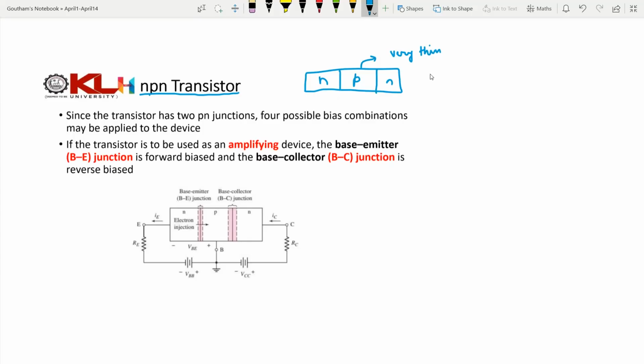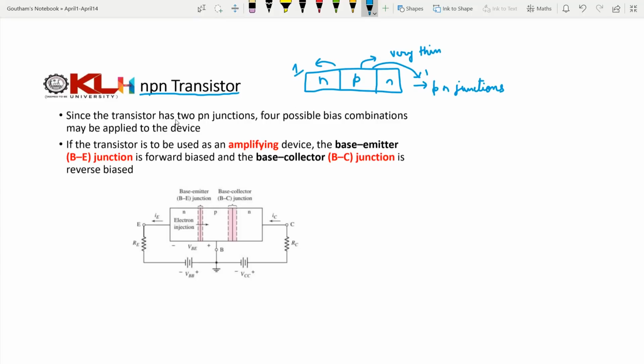Now let us see how many PN junctions are possible here. Because this is one N and P region, one PN junction is possible over here, and because this is one P and N type region, another PN junction is possible over here.